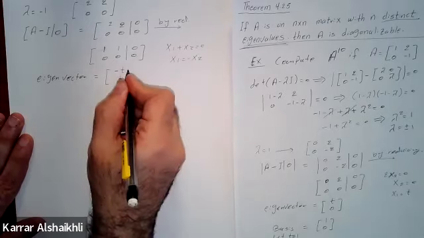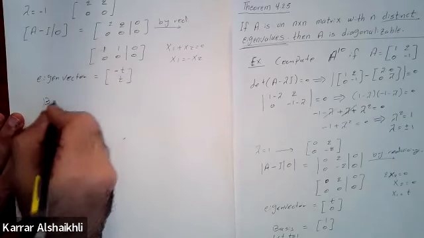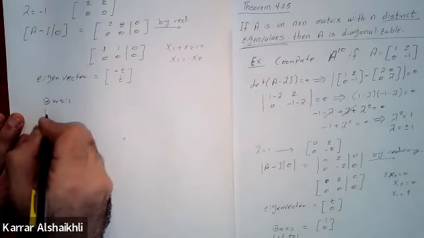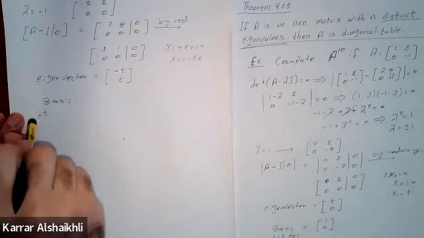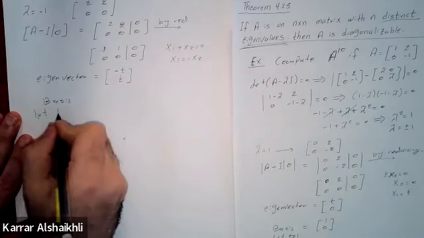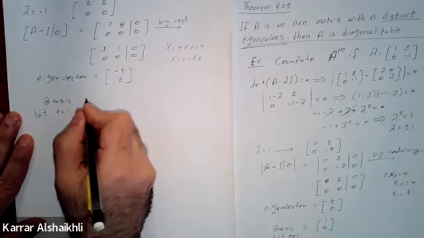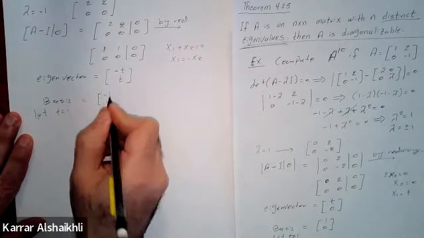Base it by that, t equal 1. So the base is going to be -1.